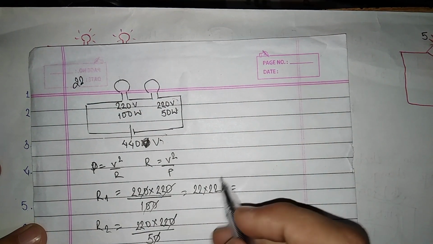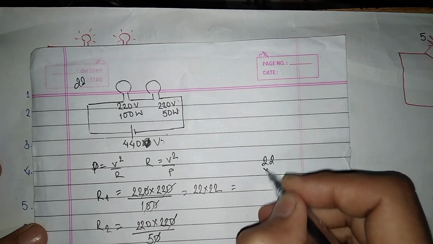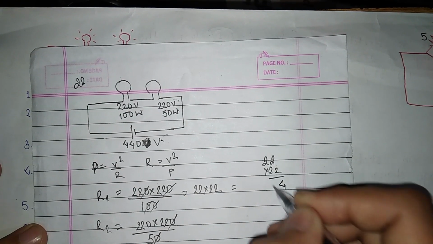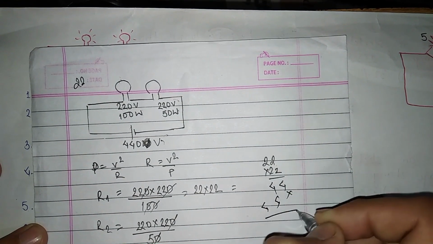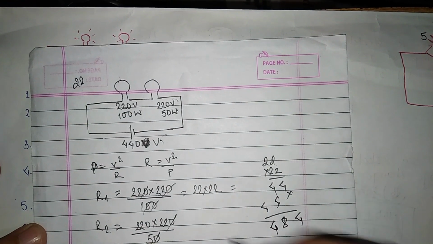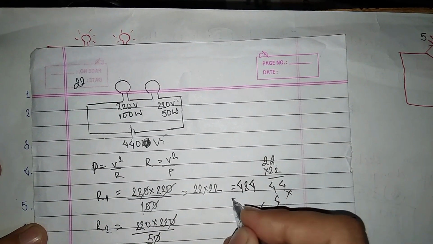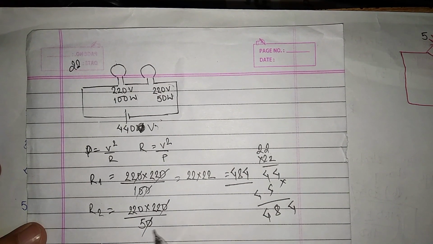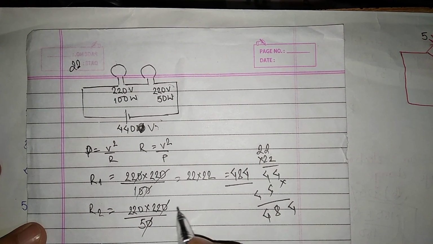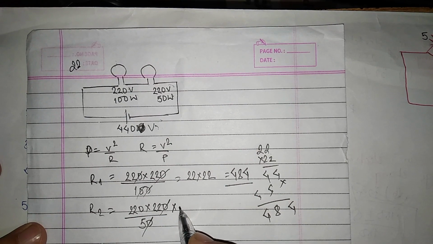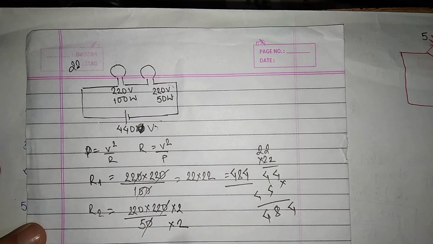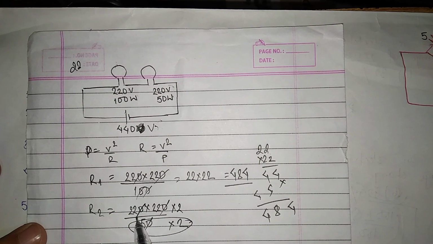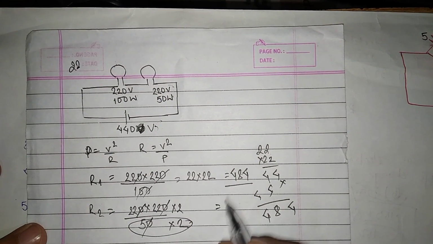So we have to calculate 22 into 22, which is 484. Now, to make it 10, we have to multiply top and bottom by 2. So this cancels, and it is double of what we get.